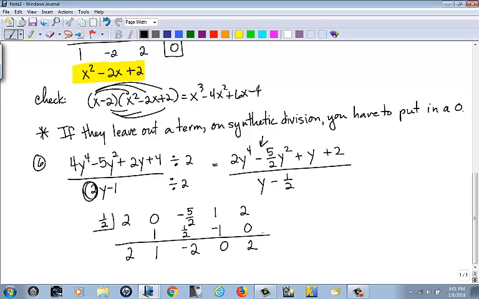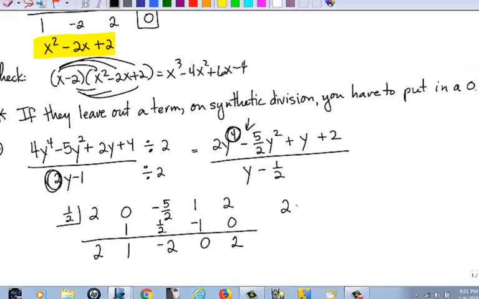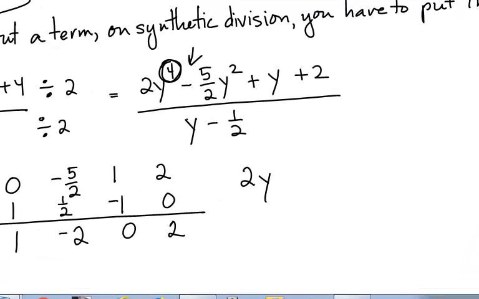Now, when you write the answer on this, you depress this exponent by 1. So it would be 2y cubed plus y squared minus 2y, and then the plus 0.